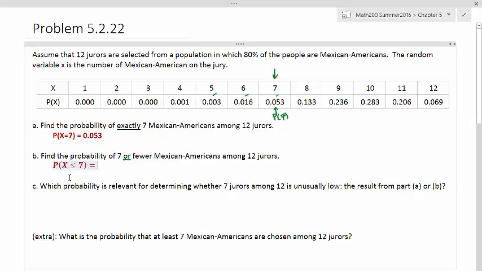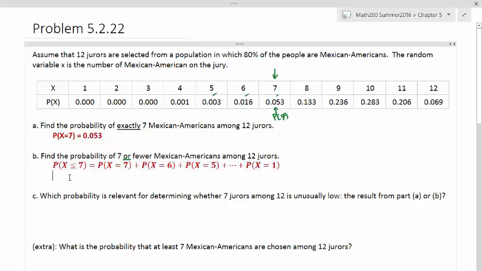One way to compute this is to add up a whole bunch of probabilities: the probability that you get exactly 7, plus exactly 6, plus exactly 5, and so on until the last one, the probability that X is exactly 1.